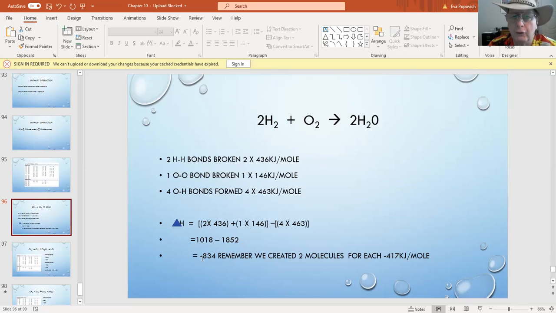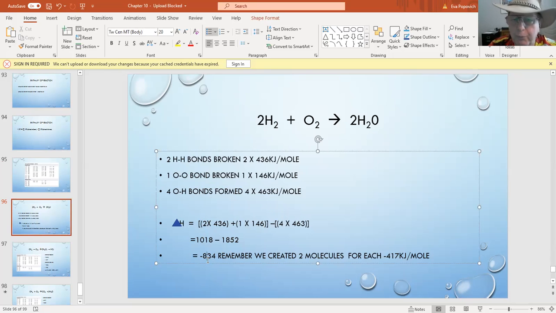To form 2 H2Os, it took negative 834 kilojoules per mole. But if I want the energy it takes to form 1 mole of H2O, this formed 2. So to create 1, I divide this number by 2, and I end up with a negative 417 kilojoules per mole.